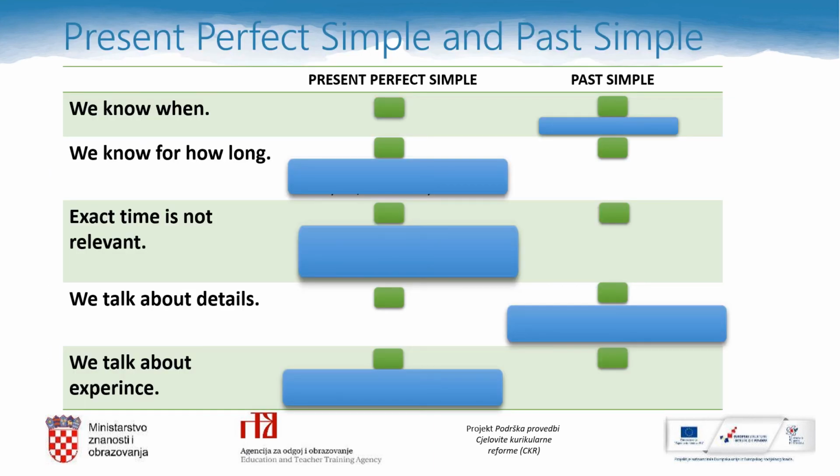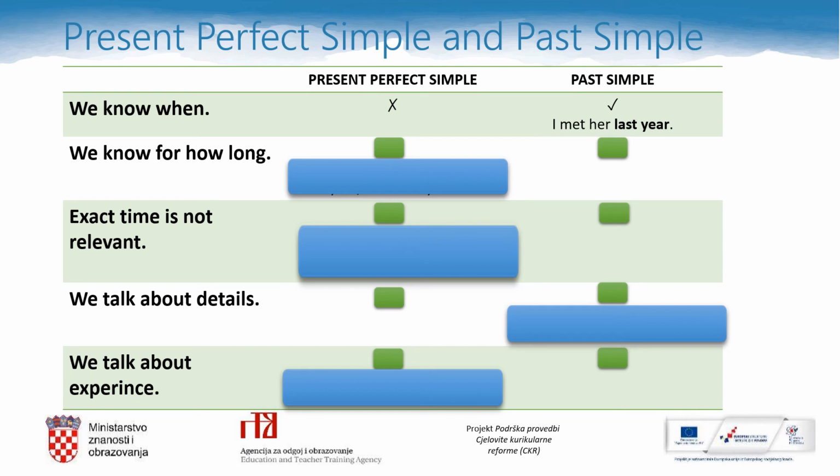Now, let's look at the usage of present perfect simple and past simple. If we know when the action happened, do we use present perfect simple or past simple? Think about it. When we know when the action happened, we use past simple.